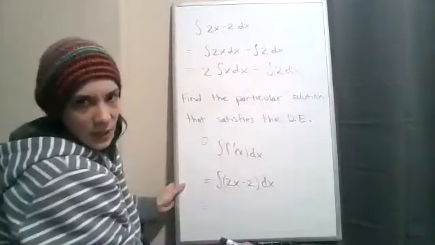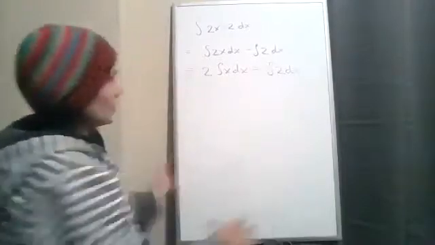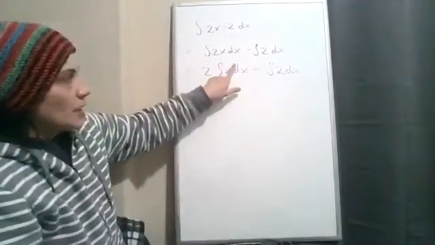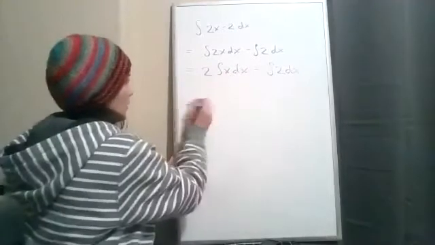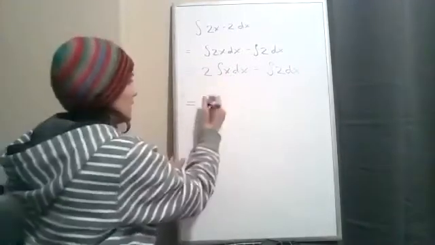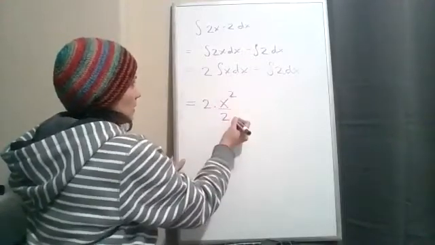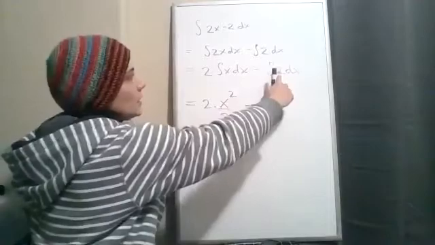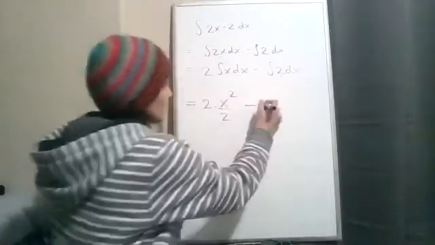Doing all the little steps, make sure you don't make a mistake. So we had x to the power 2 over 2. And then don't forget that number sign, minus 2x.